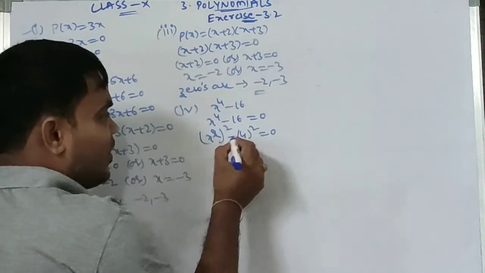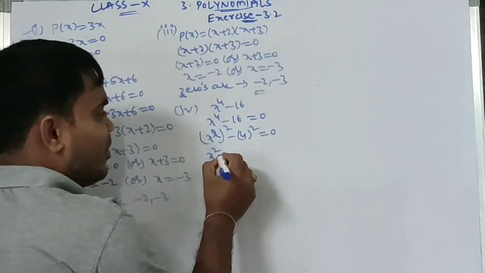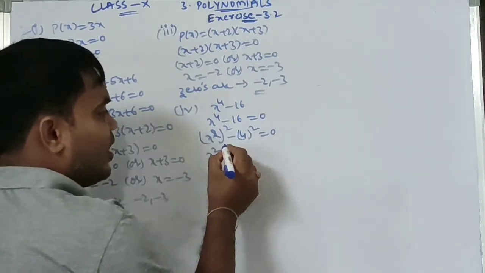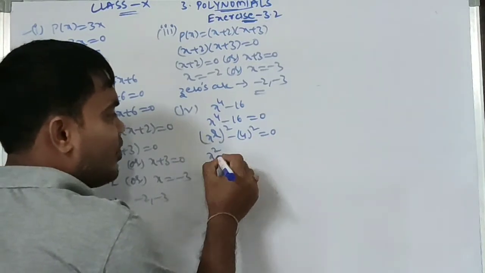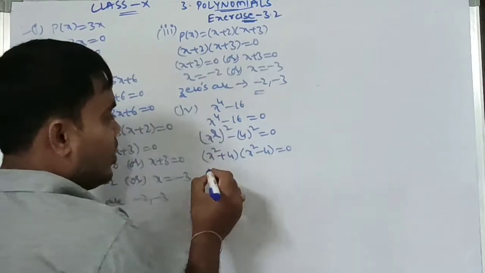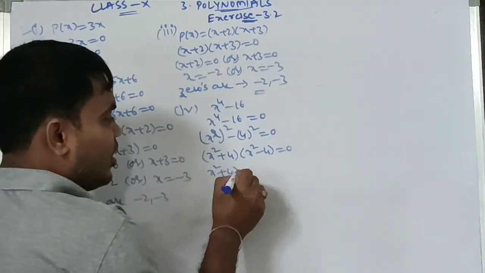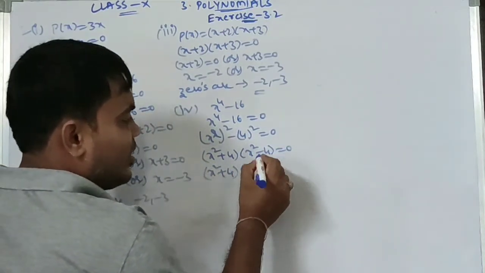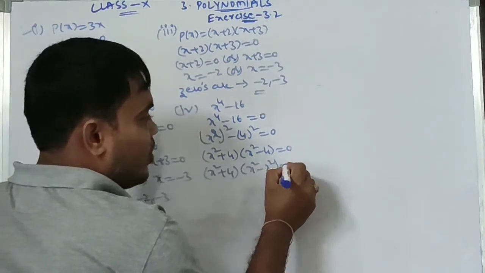So using the a square minus b square formula, a square minus b square equal to (a plus b)(a minus b), we get (x square plus 4)(x square minus 2 square) equal to 0.